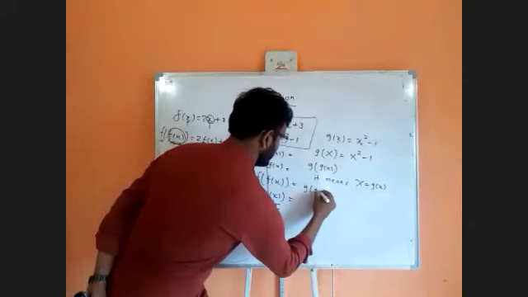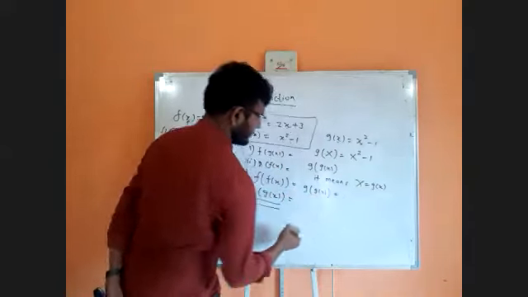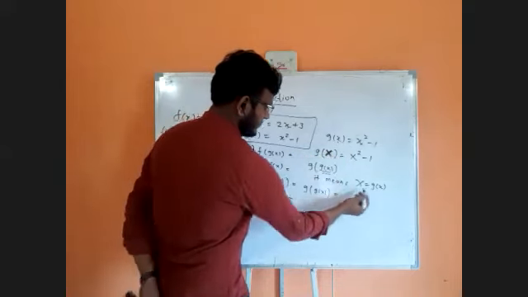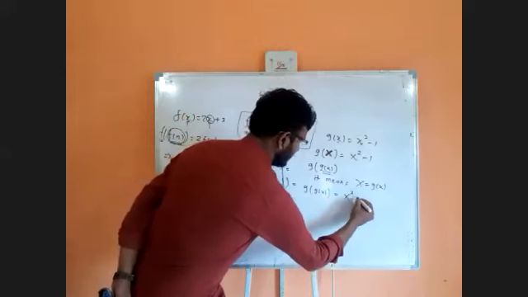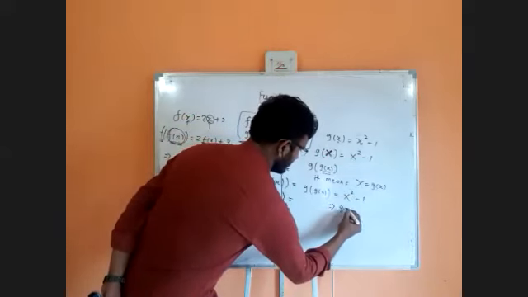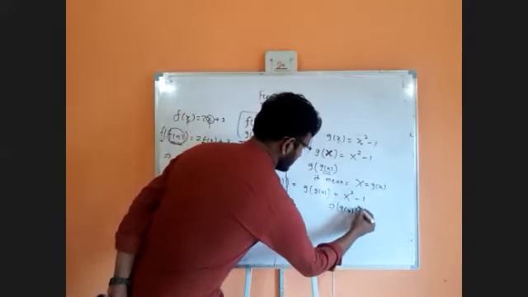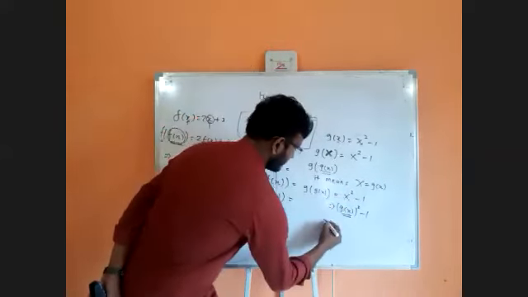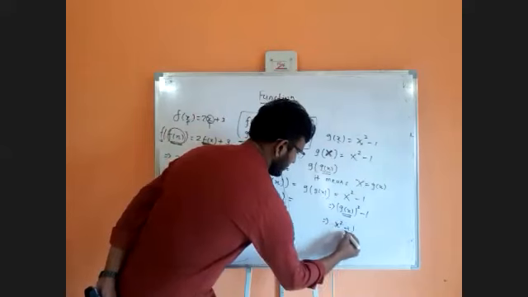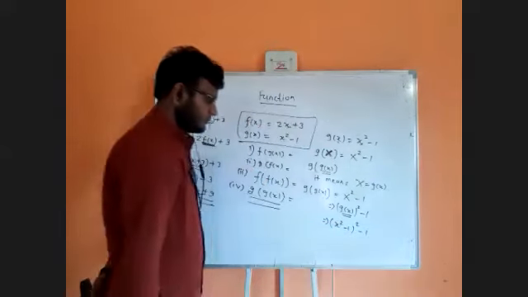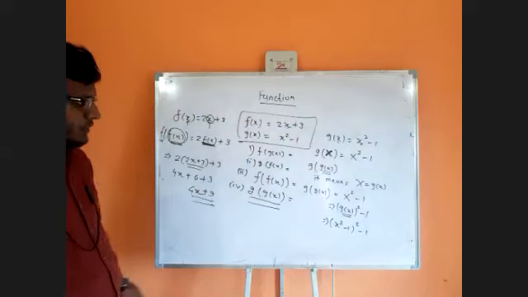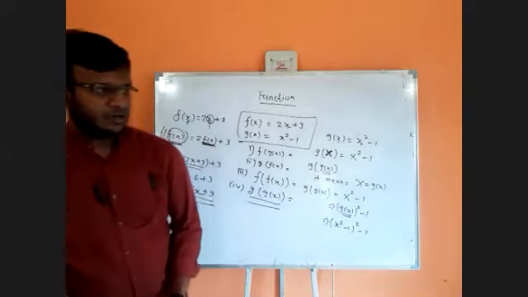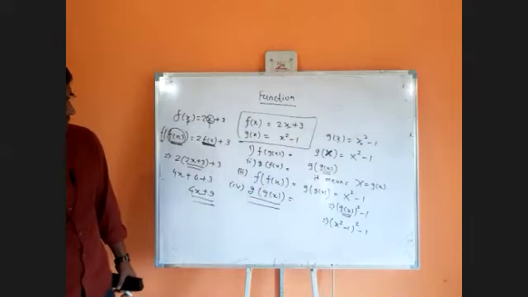So instead of capital X you have to put g of x. Wherever capital X was visible, just replace it by g of x. And what is g of x? g of x itself is x square minus 1. So x square minus 1 whole square minus 1. So it is a function of a function. Instead of accepting x, it has now started accepting another function.